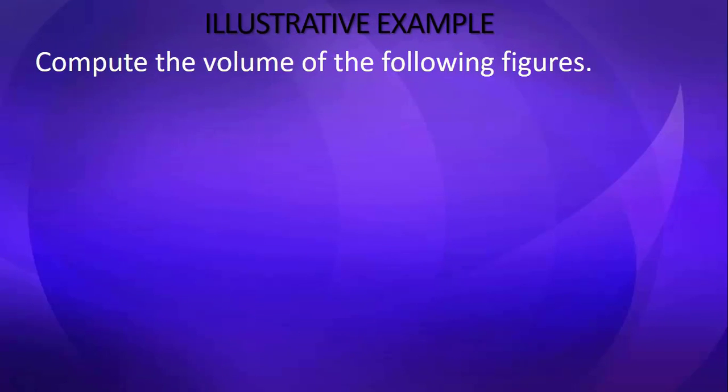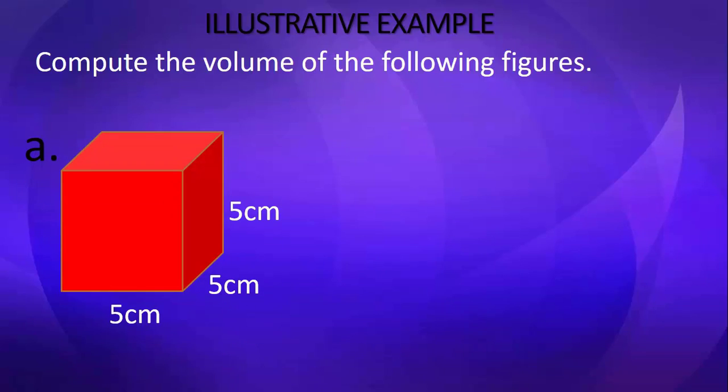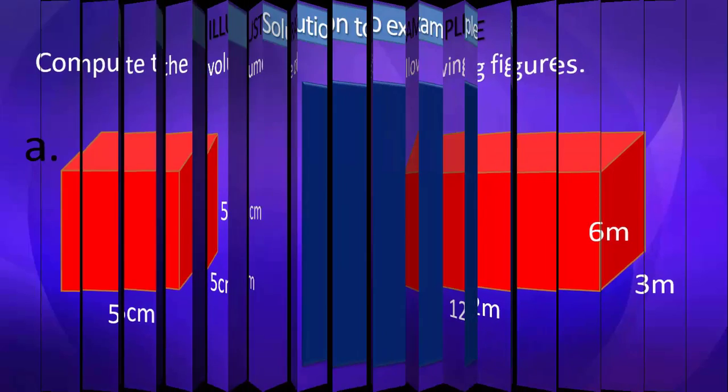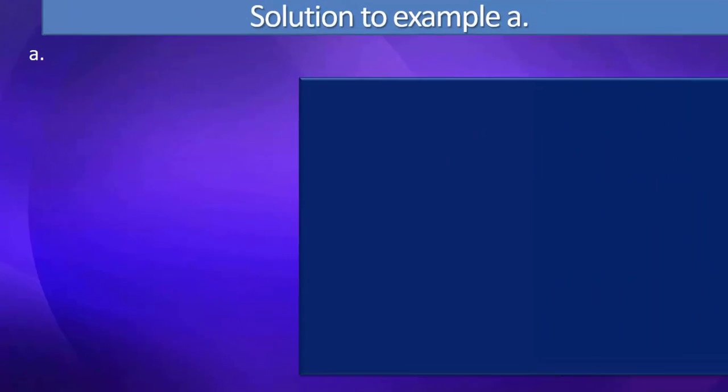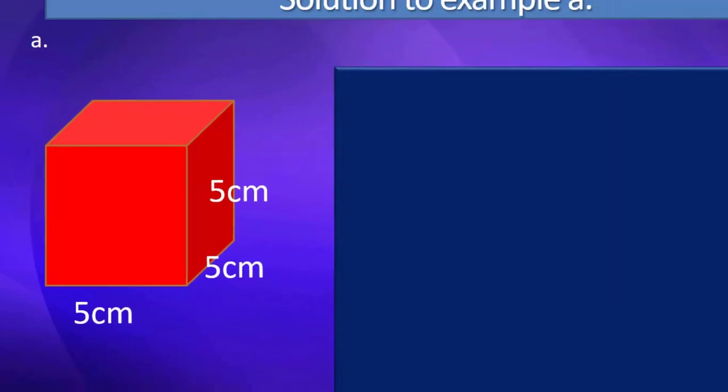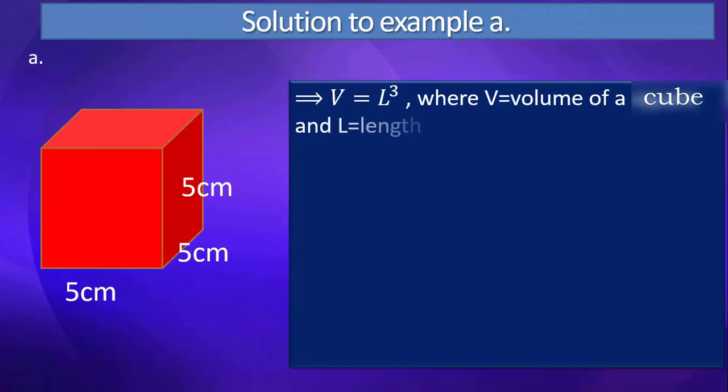Illustrative example. Compute the volume of the following figures. Solution. Representing our first figure again on the screen, we know already that V = L^3, where V is equal to volume and L is equal to the length.